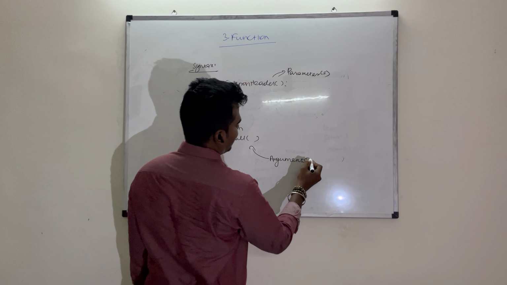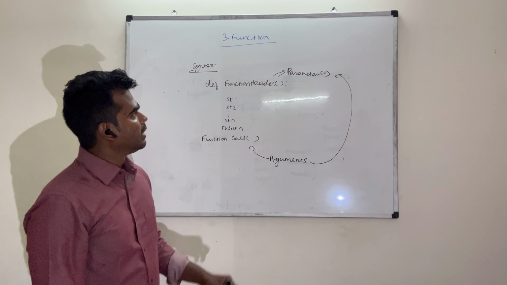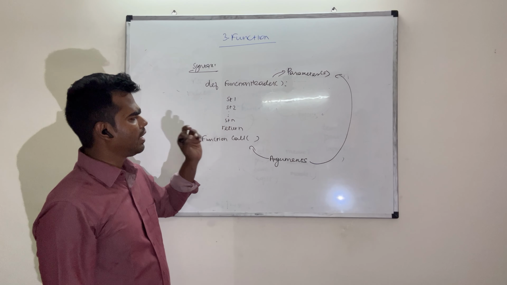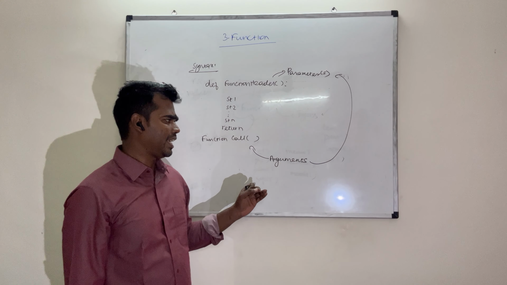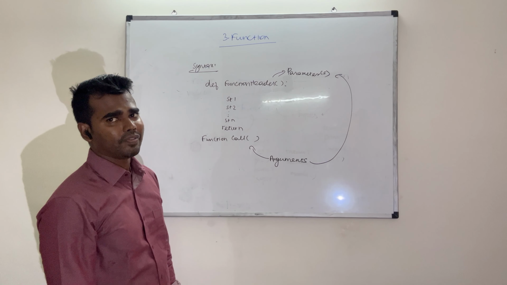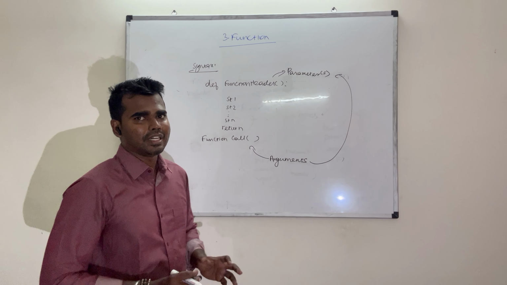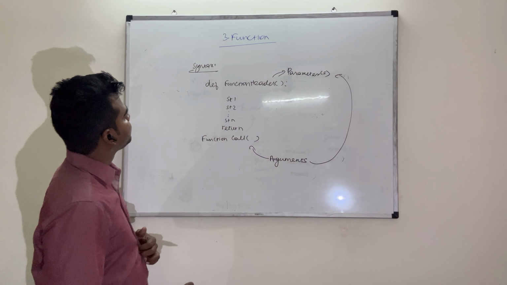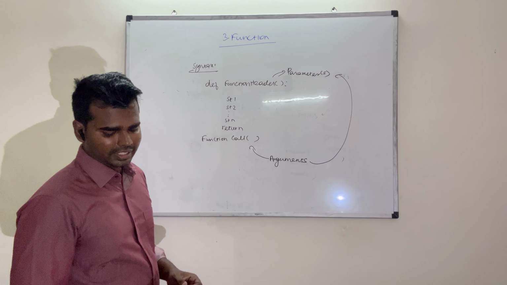So arguments send the values, and parameters receive the values. That is the difference between arguments and parameters. Parameters can also be called formal arguments and formal parameters, but I use the terms argument and parameter only, as that is comfortable for me. Next we are going to see an example based on this syntax.